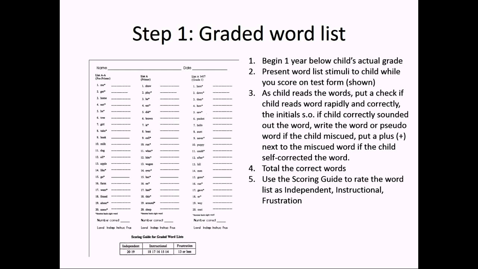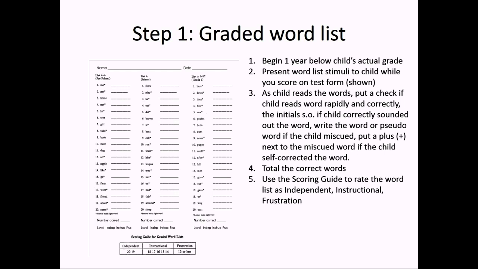So when I look at this one, if the child reads 19 to 20 of the words correctly, I would write 19 and then I would circle independent. If the child read 16 of the words correctly, I would write 16 and then I'd look at that middle column and I would see that 16 is instructional level.